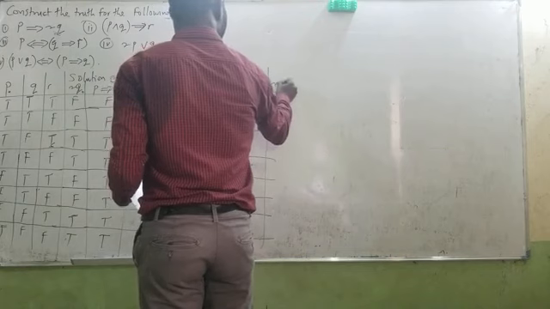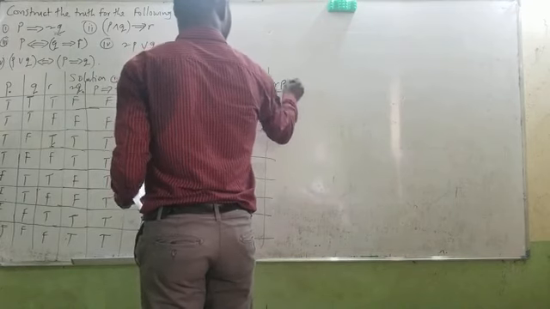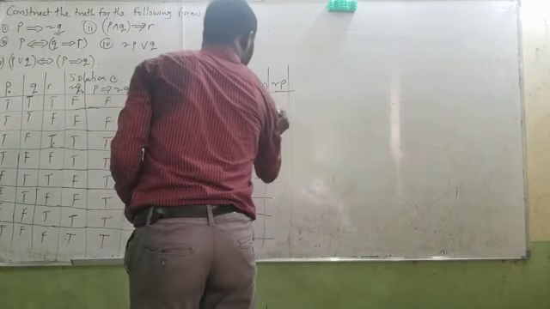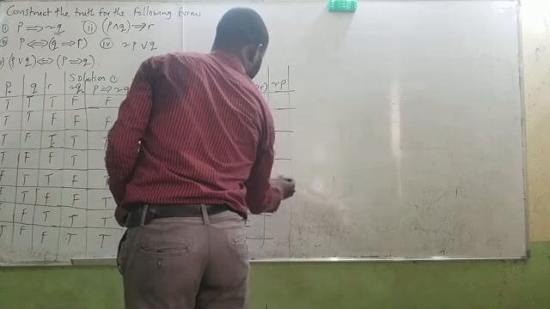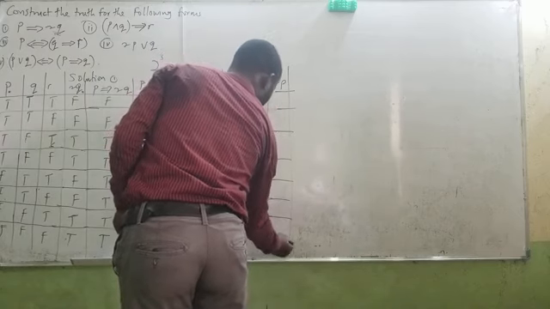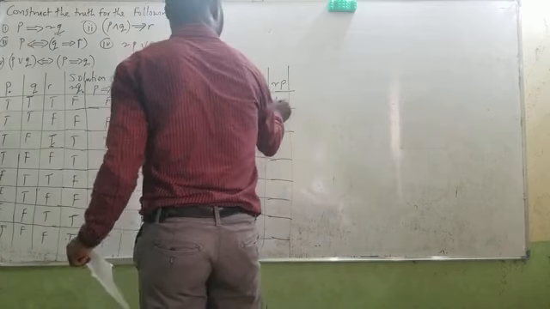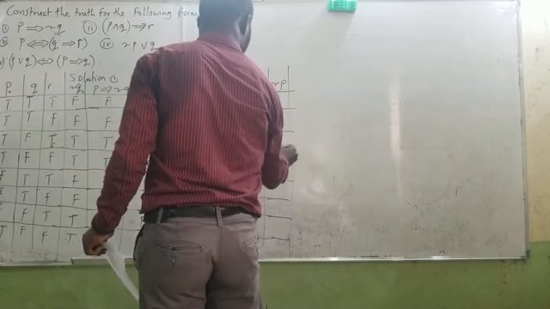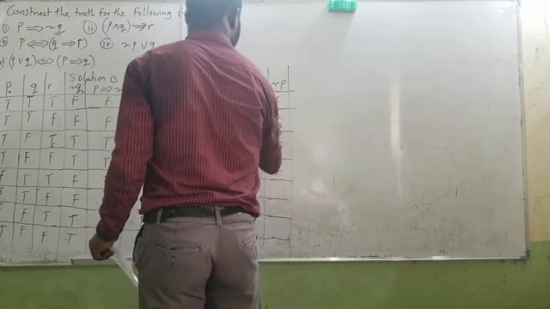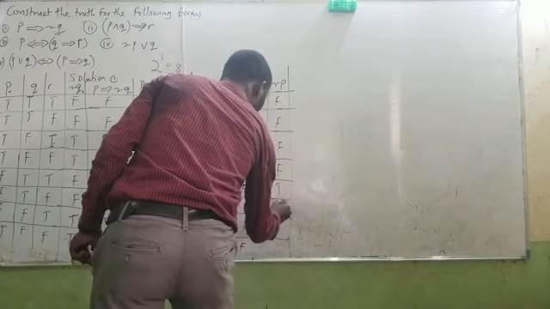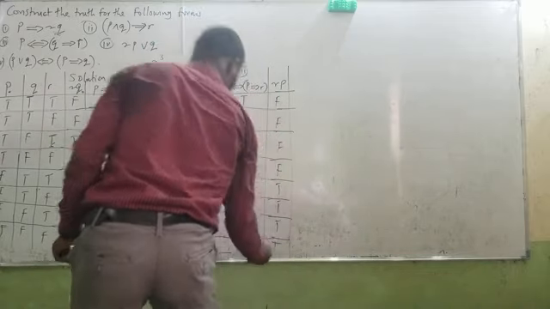Now, I would love to get my P, not P. Now, my not P will be what? False, false, false, false. 1, 2, 3, 4. True, true, true, true. That is mine.